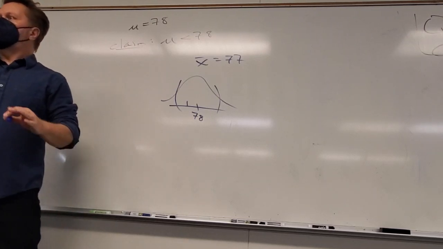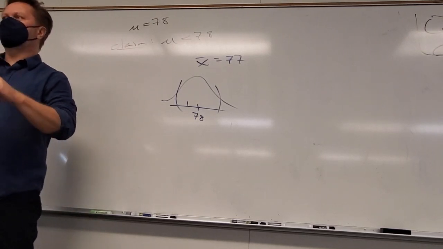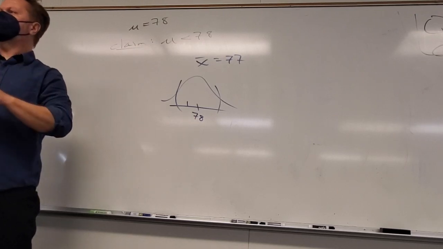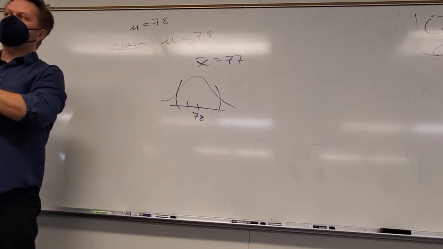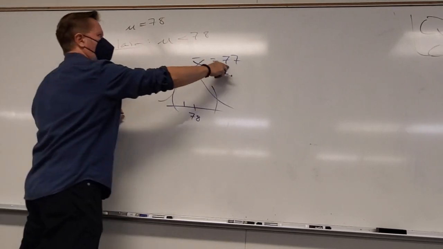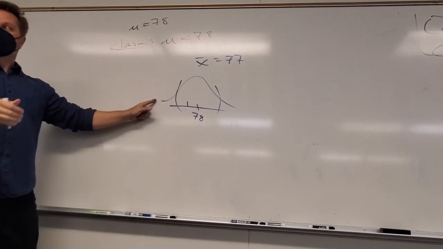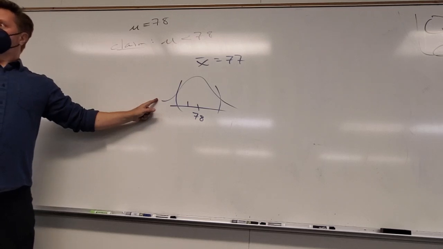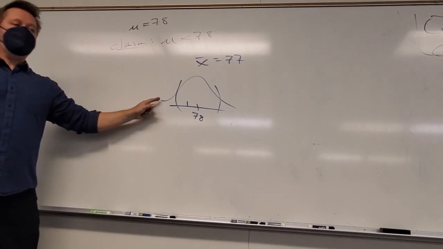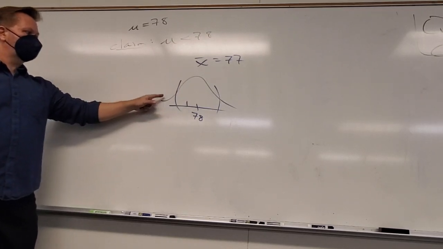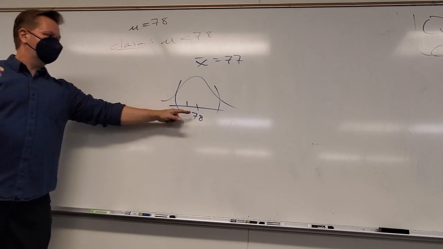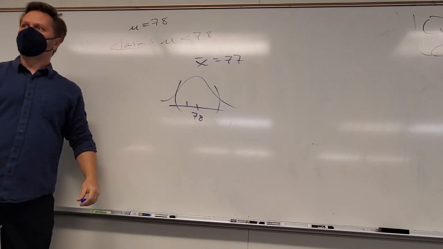So what are you hoping to see to prove that you're right? Not just a number that's less, but a number that is a lot less. I've got to be so much below 78 that it's evidence that 78 is wrong.